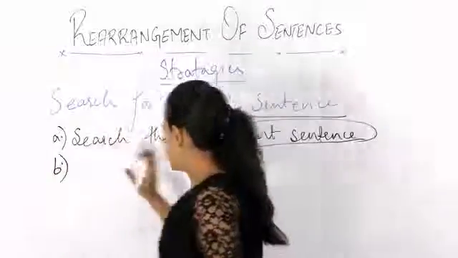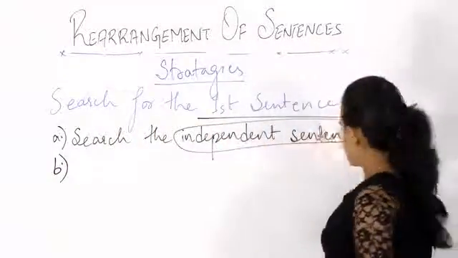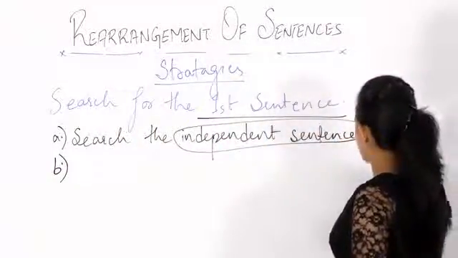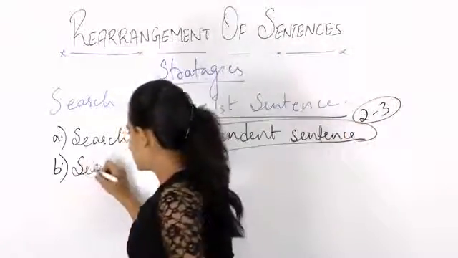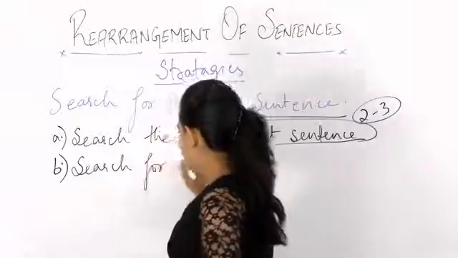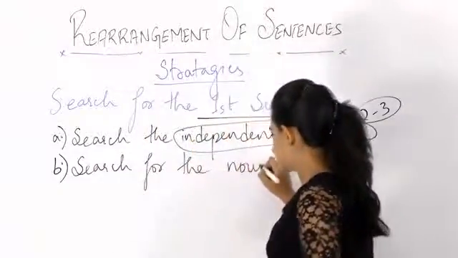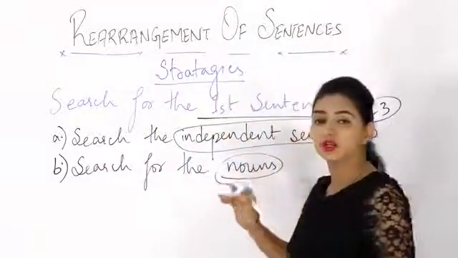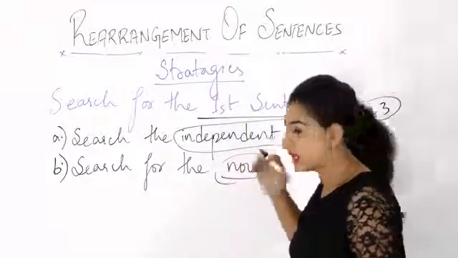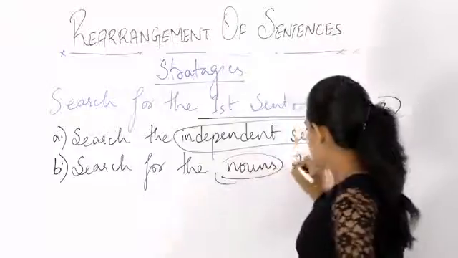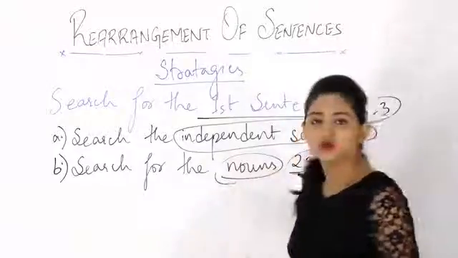Second thing that you will notice, first you have got independent sentences. Suppose you have got 2 to 3 independent sentences. Next you do is search for the nouns. You will have to search the nouns in these 2 to 3 independent sentences. Suppose you get 2 to 3 nouns over here.